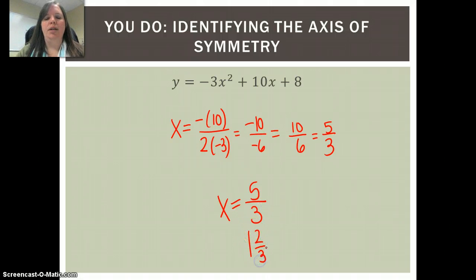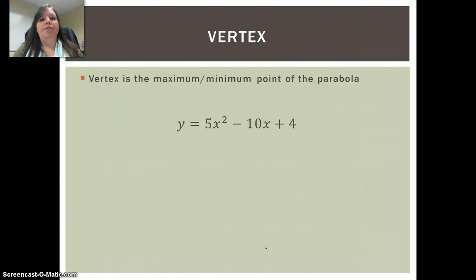So finding that axis of symmetry is kind of our starting point, and we're going to go in order here for identifying the important characteristics of a parabola. Off of that axis of symmetry, if you notice visually, the vertex, that minimum or maximum point of a parabola, so here we have our parabola, here would be our vertex.